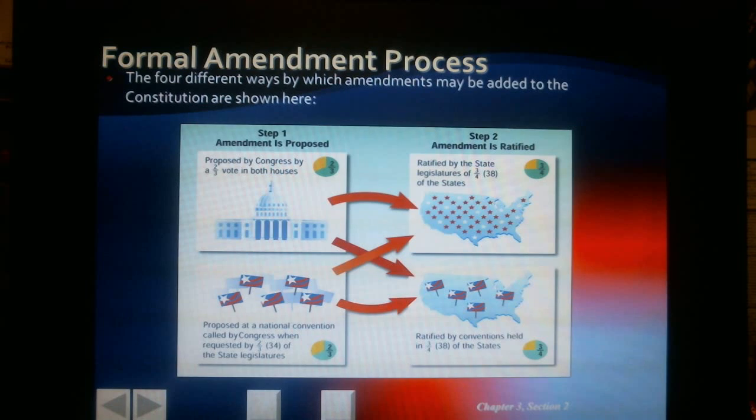Of the two ways, almost every single one has come from the top one, the one up here. We've never really had a national convention called for Congress to propose one.